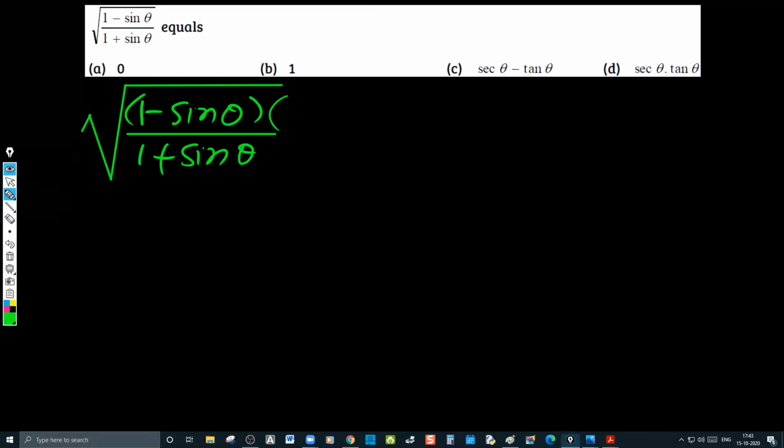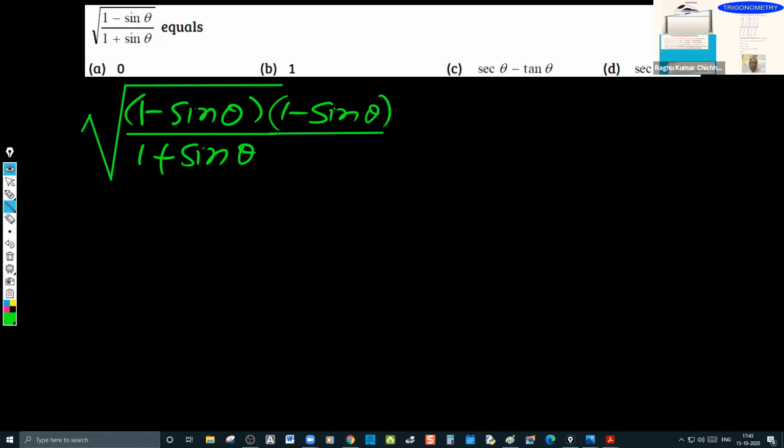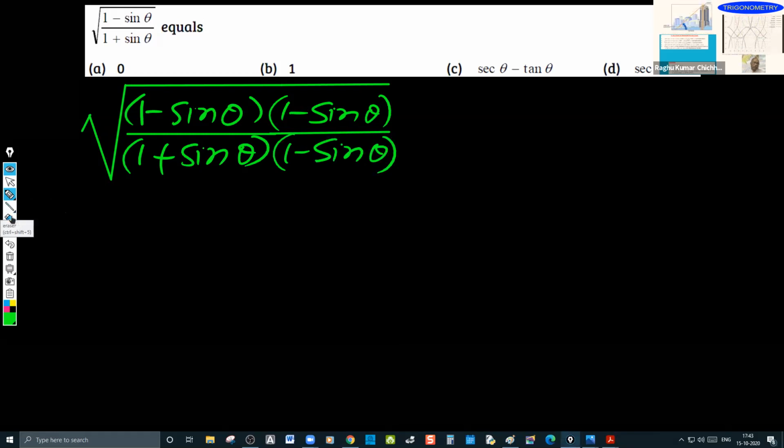Into 1 minus sine theta on both sides, that is both numerator and denominator. Come on, tell me what should be the numerator?